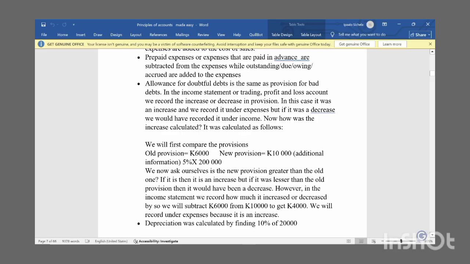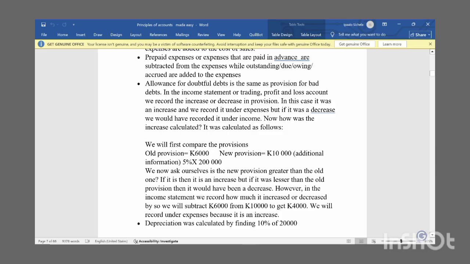If it is, then it is an increase. But if it is lesser than the old provision, then it's a decrease. As you can see, the new provision is greater than the old provision, so it's an increase.